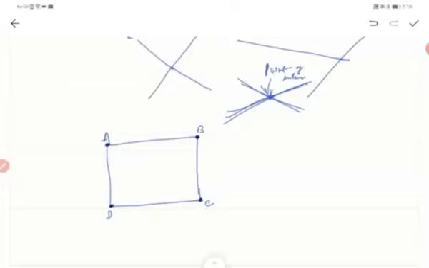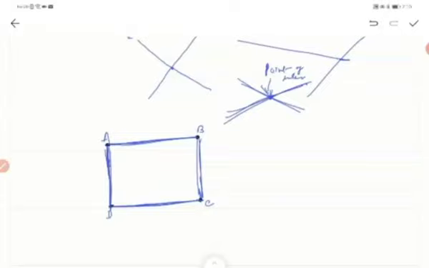So all these points, when they are connected, this becomes line segment AB. Okay, and DC is one more line segment, BC is one more line segment, AD is one more line segment. Now which two line segments are parallel?